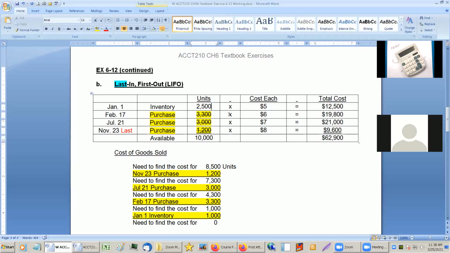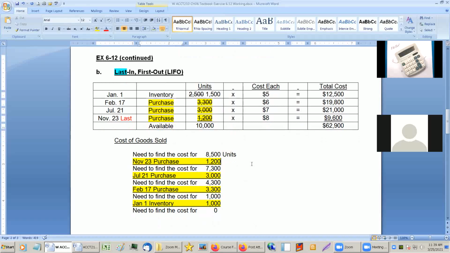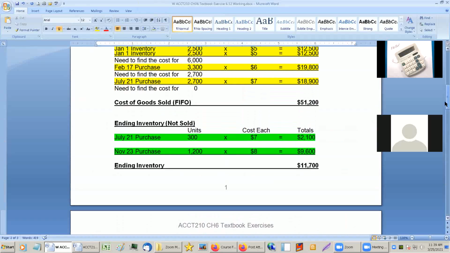There's 1,500. 1,000 of those are gone. I'm going to peek up here and see what I did.